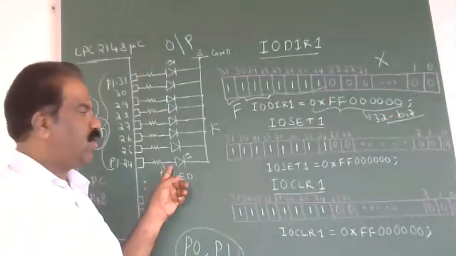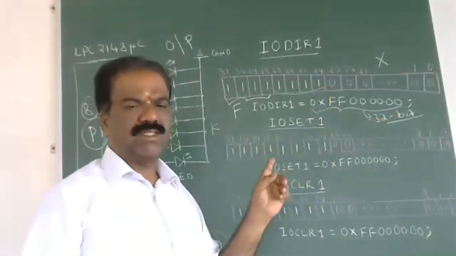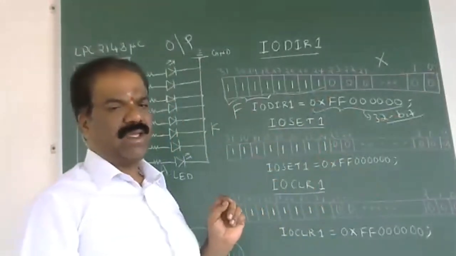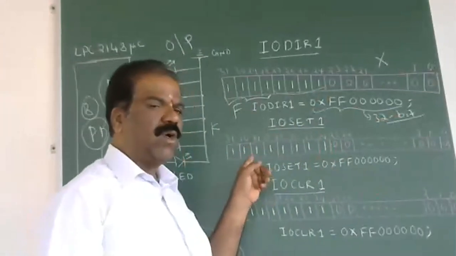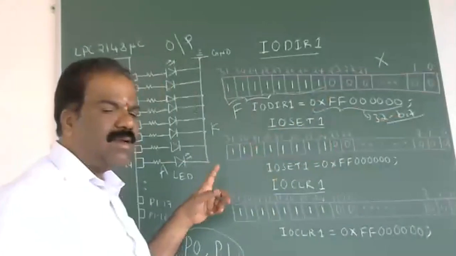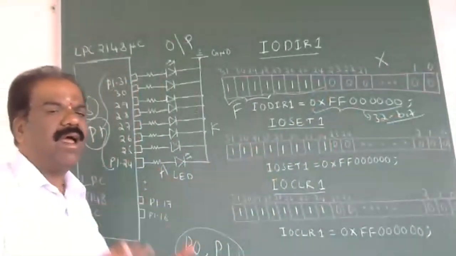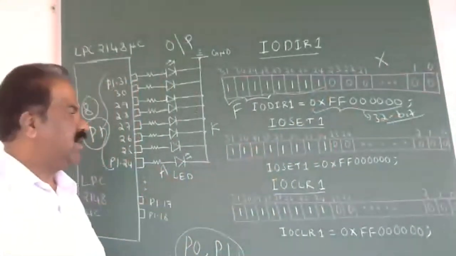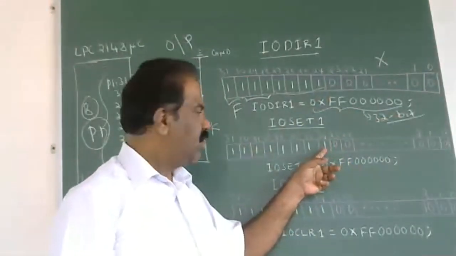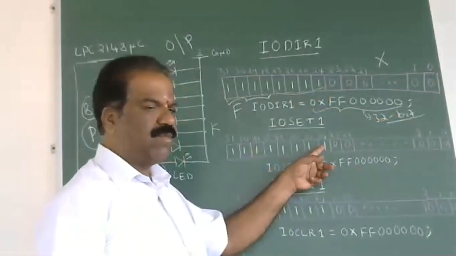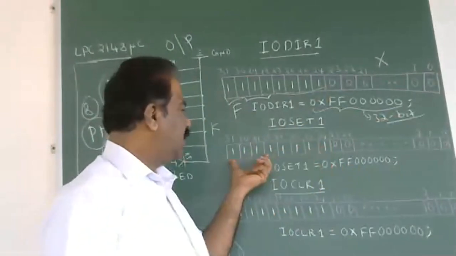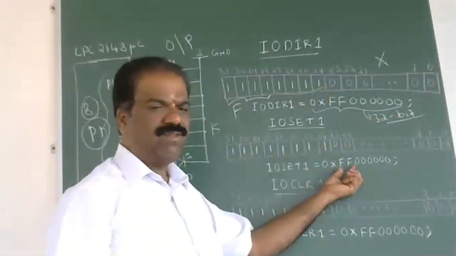Therefore, I have to go for the IO set 1 register. We know that it is also a 32-bit register. If you write 1 into the appropriate bit, it makes that particular pin high. That's why here, starting from P1.24, bit number 24 is 1, and all are 1. What's the hexadecimal equivalent of this? F and F, that is FF followed by zeros.